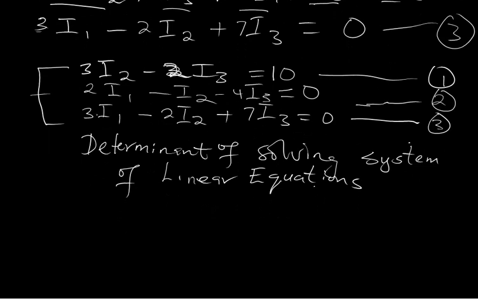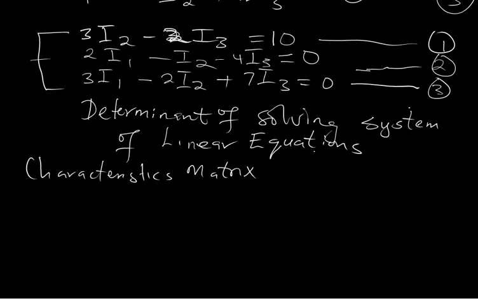First, I'm going to write the characteristic matrix of this equation. What is the characteristic matrix? I'm going to separate the coefficients of the variables and the variables into two rectangular matrices. The coefficients are in order: I have three variables, I1, I2, and I3.